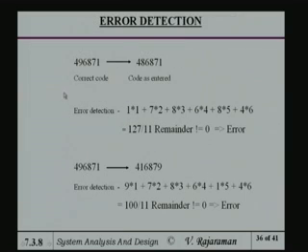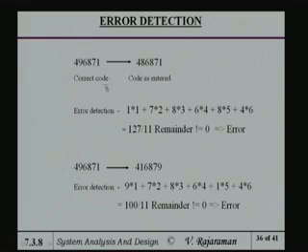Now how do I detect the error? This is the correct code, 496871. Somebody entered 486871. Instead of 9, he put an 8. Then for error detection, you again take this code: 1 into 1, 7 into 2, 8 into 3, 6 into 4, 8 into 5 plus 4 into 6 becomes 127, divided by 11. The remainder is not equal to 0.